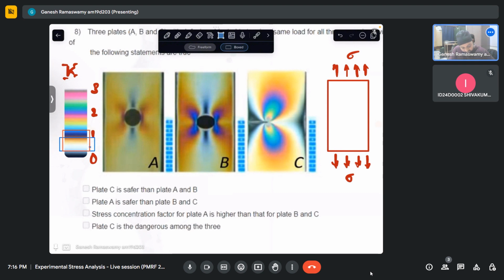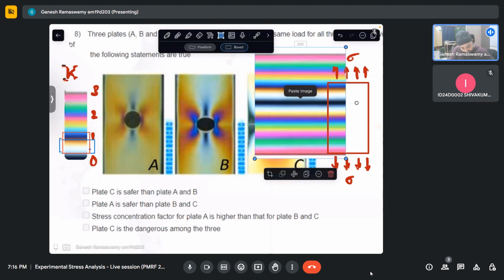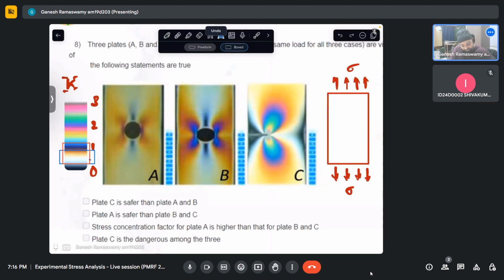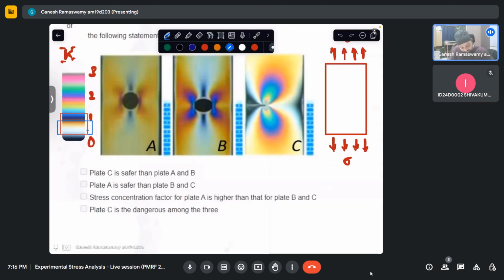Here, in addition to this, now I'm able to see even more colors: those certain shades of blue, then green, then yellow. So from here, I can see that it is almost stressed till here. All these colors are visible there, and it is given that it is for the same load.